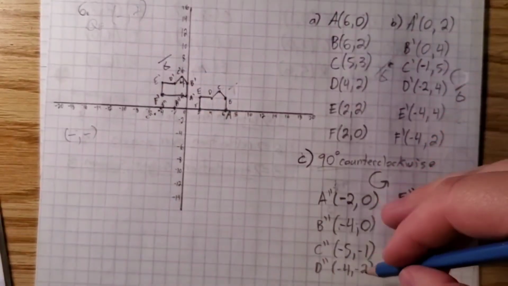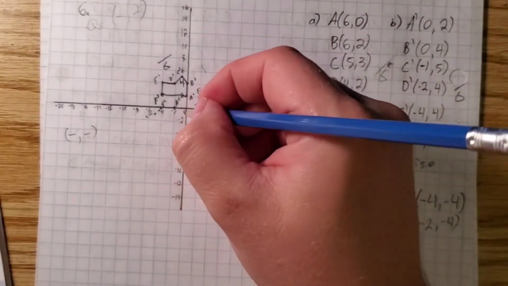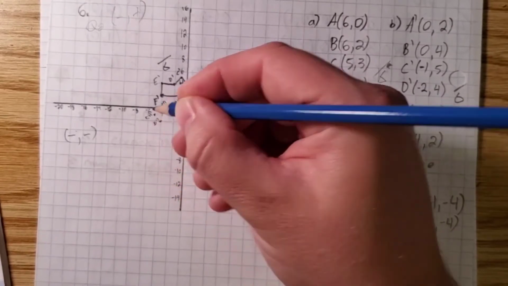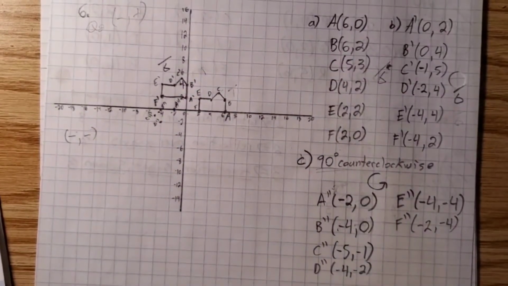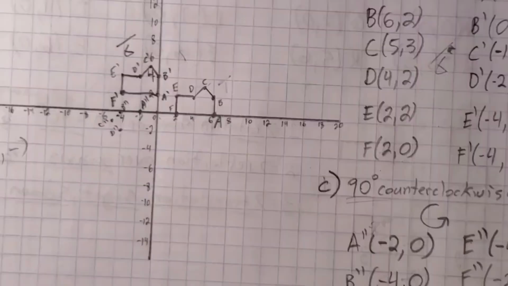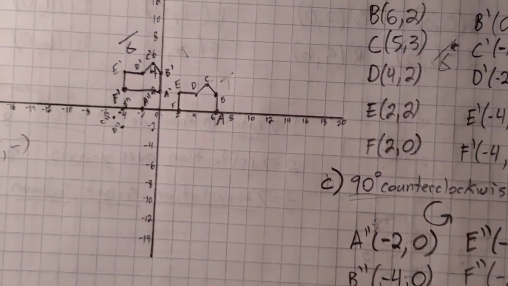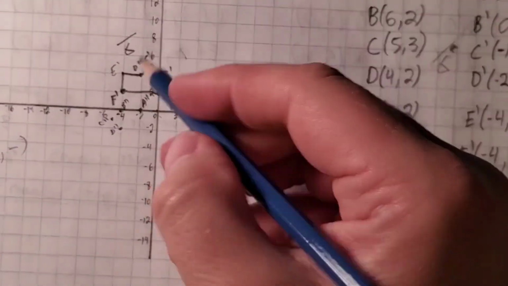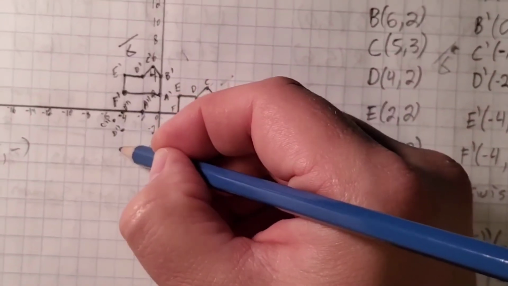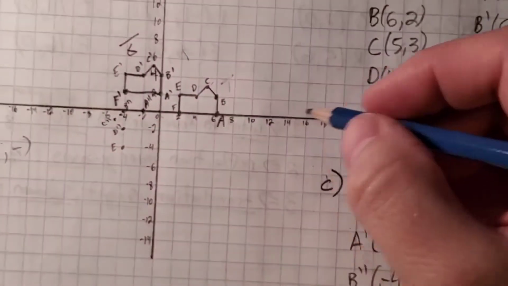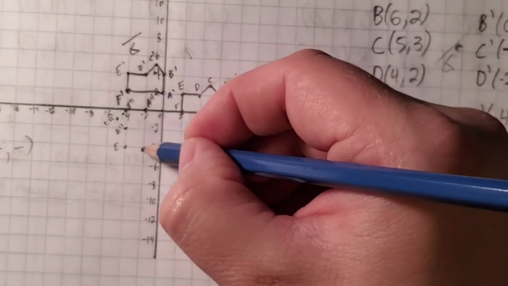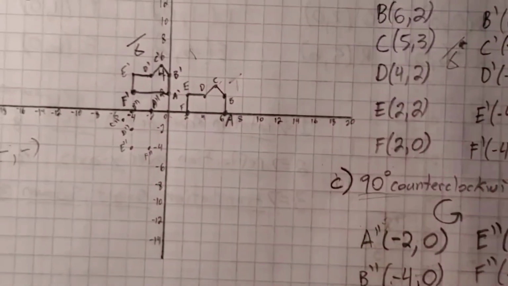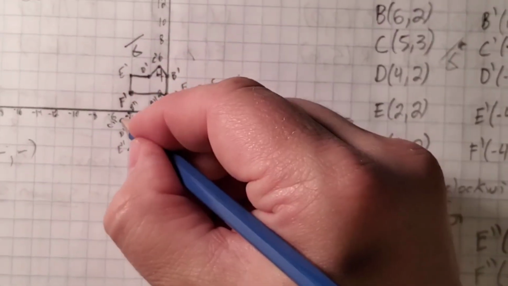F double prime is -4, -2. Should we zoom in a bit? Oops, that's out. And finally, E is -4, -4, so -4, -4 is E. And F is -2, -4. F double prime. E double prime, there. All right, and then we just connect the dots.